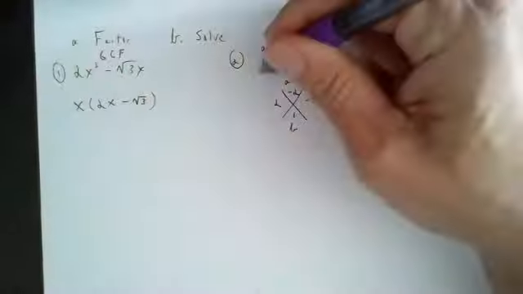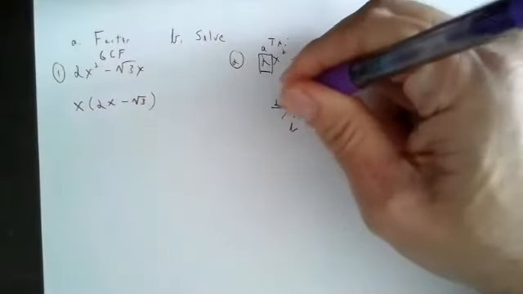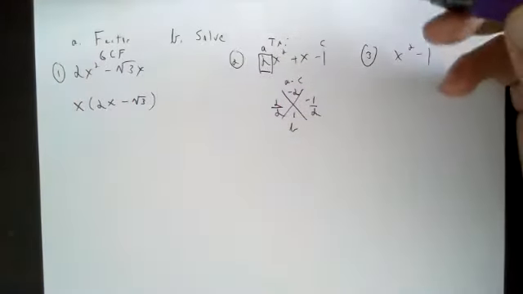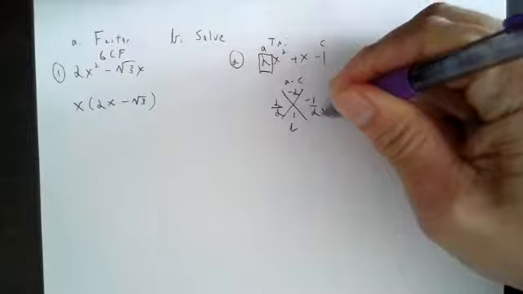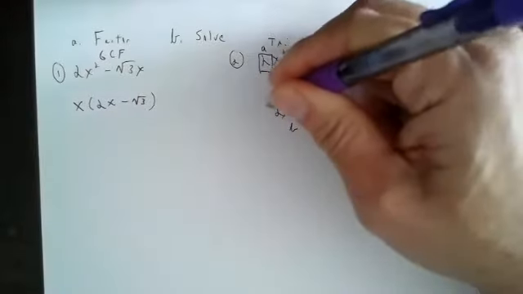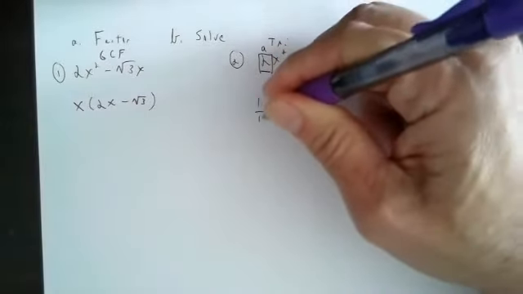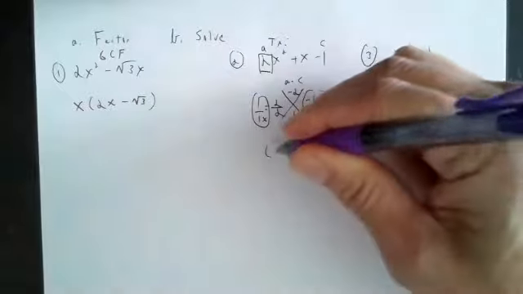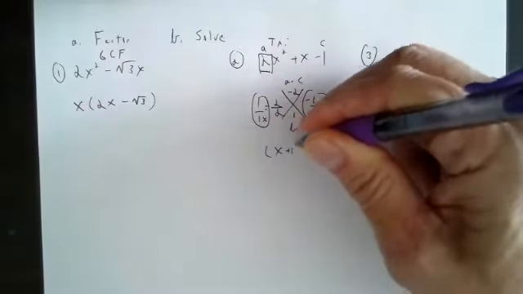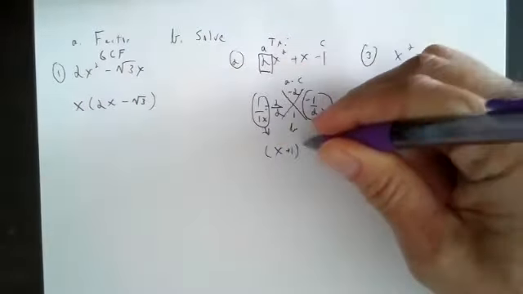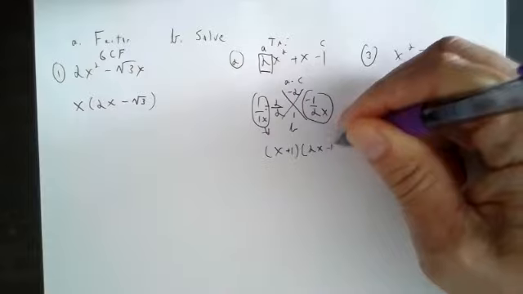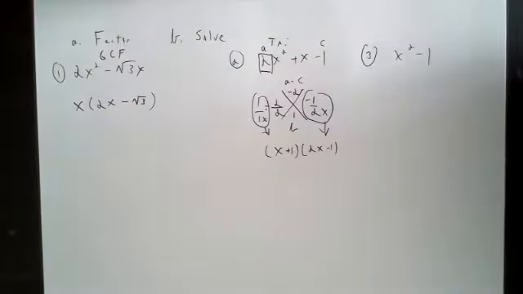But that's not it. Because of this, we have to divide everything by that number and then reduce. This fraction doesn't reduce, so it's set. This fraction reduces to 1 over 1. So our final answer is 1x plus 1 from here times 2x minus 1 from here.